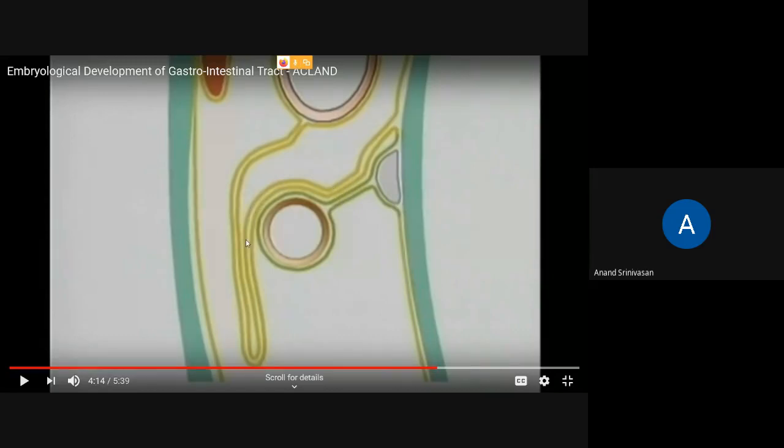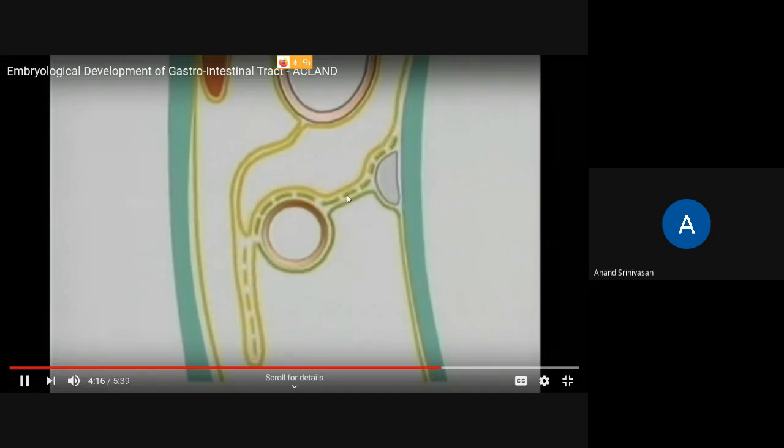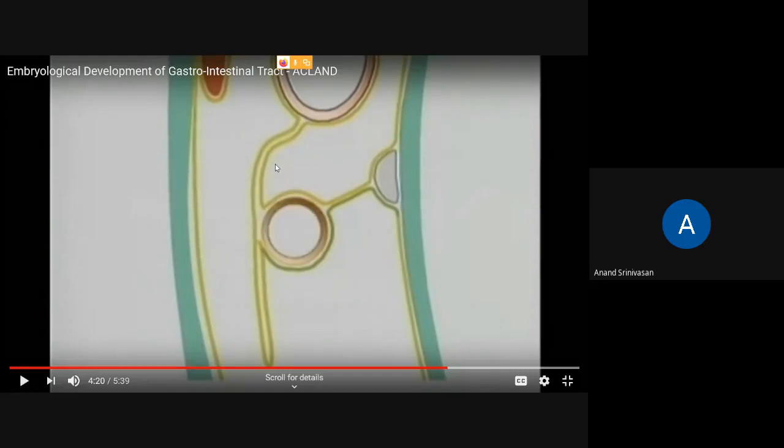The layers are absorbed, so that we're left with the greater omentum stuck to the transverse colon and hanging down below it.